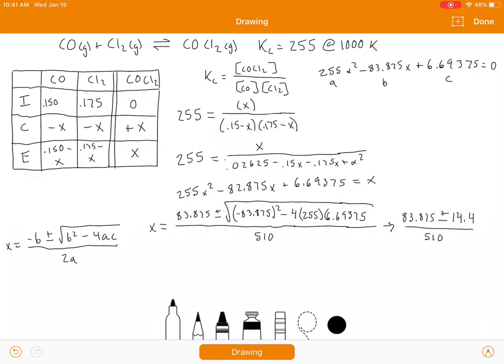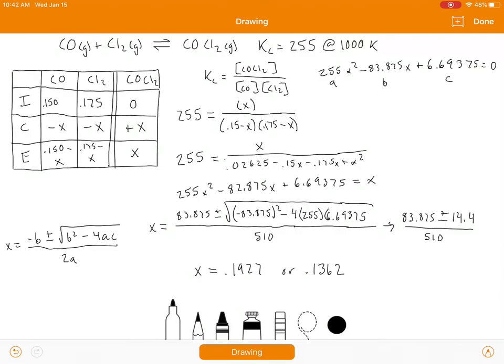So you'll get two x answers, one for the addition operation, one for the subtraction operation. The first one being 0.1927, and the second one being 0.1362. Now, how do we know which one's right?